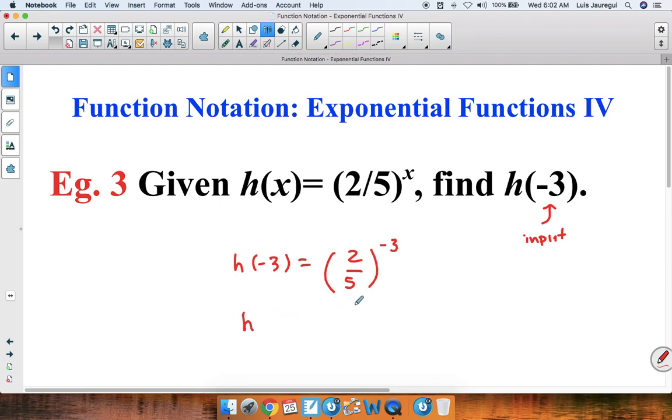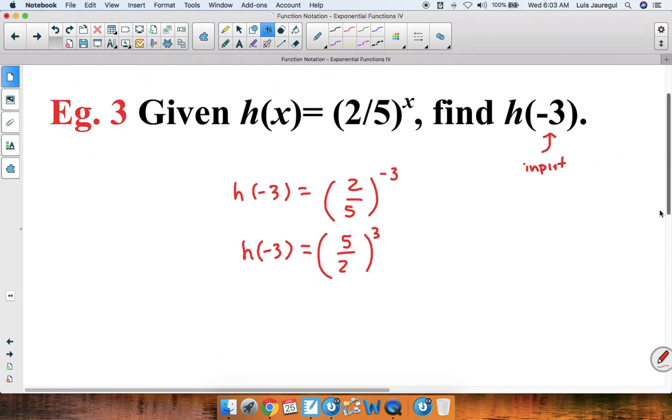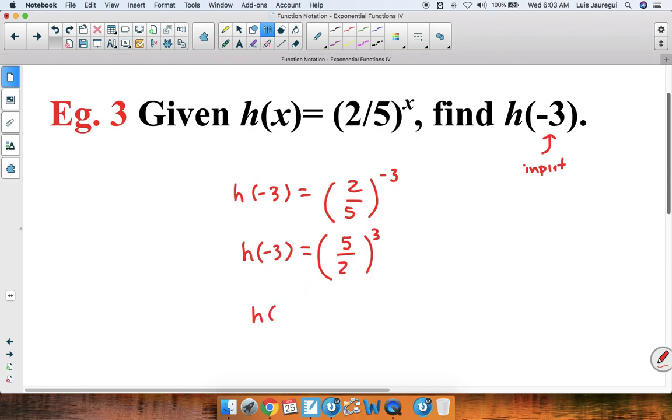Now, rewriting this using the fact that we can get the reciprocal of the base and the opposite of the exponent, we get that h of negative 3 is equal to the reciprocal of 2/5, which is 5/2, raised to the opposite of negative 3, which is 3. Now, once again, using repeated multiplication, we get that h of negative 3 is equal to 5/2 times 5/2 times 5/2.